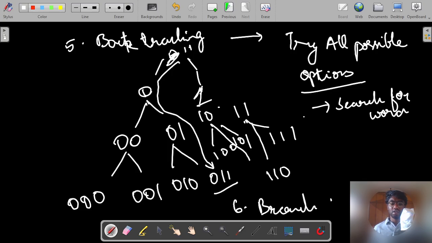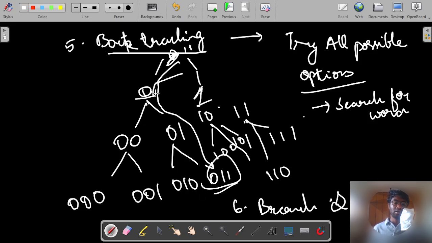It is a similar kind of topic, but it is an optimized approach over backtracking, where a branch is explored completely, and if it gives a good answer, if it is leading to a proper output, like for example, if we want to find 0, 1, 1, then we head to this branch and check if the characters match the final output that we are looking for, and slowly we iterate to these two branches as well, and finally lead here.